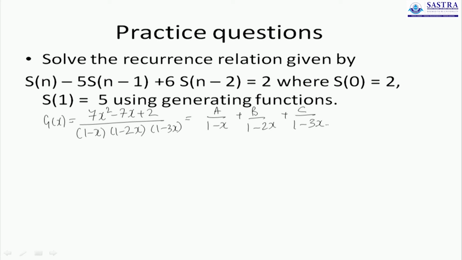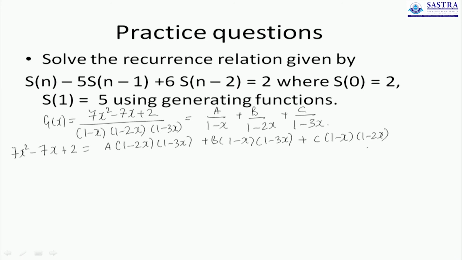And now we will have the numerators being compared after determining the LCM, which means a times these 2, plus b times the first and the last, and c times the first 2 terms.